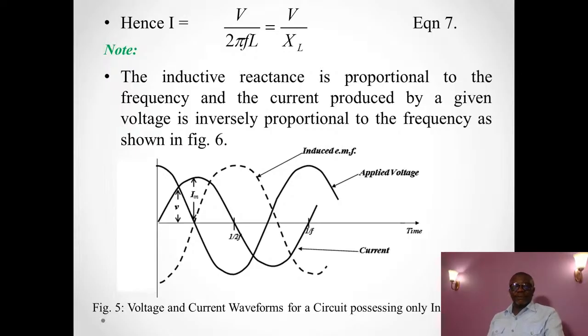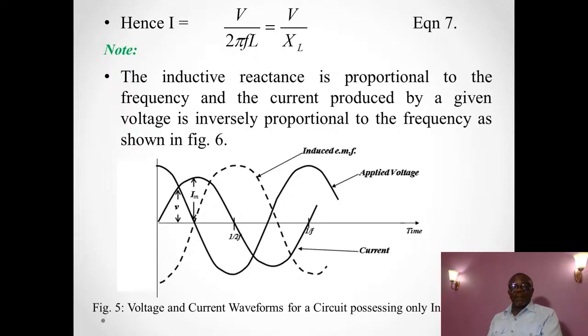So now, if you look at Fig 5, we're looking at a plot where you have the instantaneous voltage as the voltage changes. You see the dotted curve, which is the induced EMF in the coil.